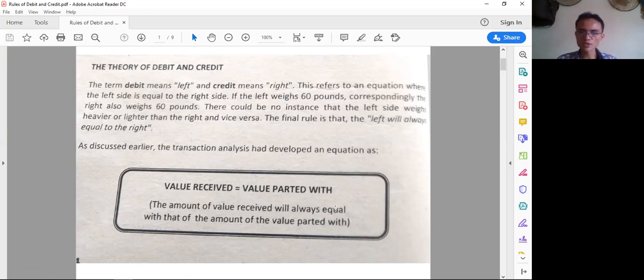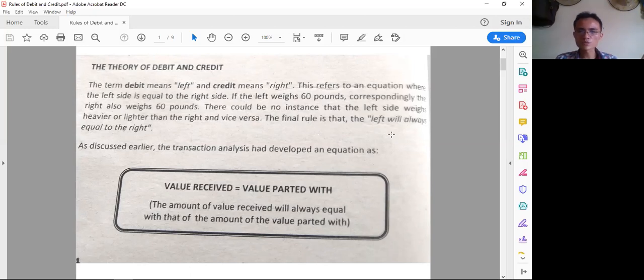If the two sides are not equal, then something must be wrong in our application of concepts along the way. This is how the theory of debit and credit is explained: value received is equal to value parted with. The final rule is that the left will always be equal to the right.